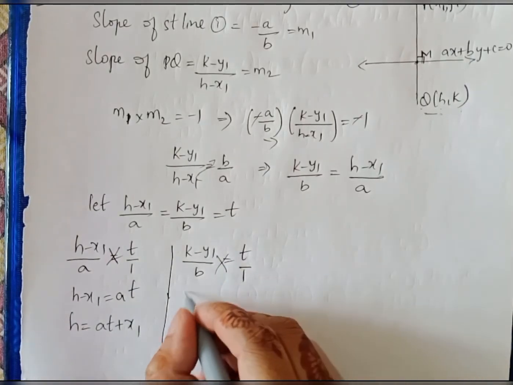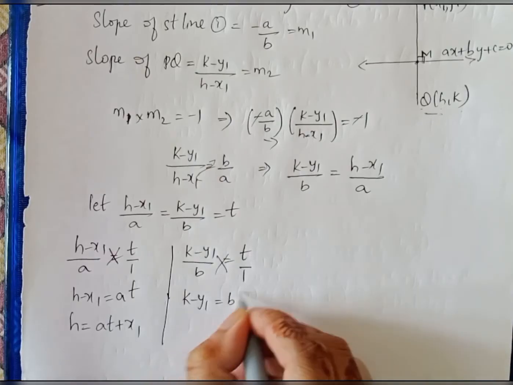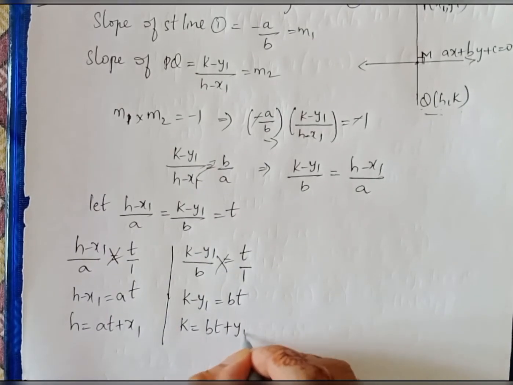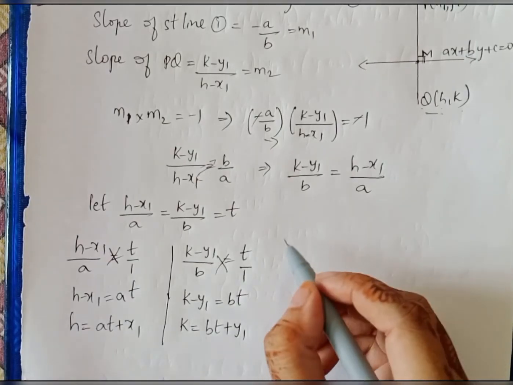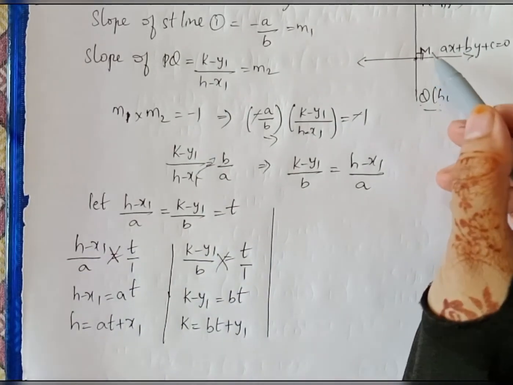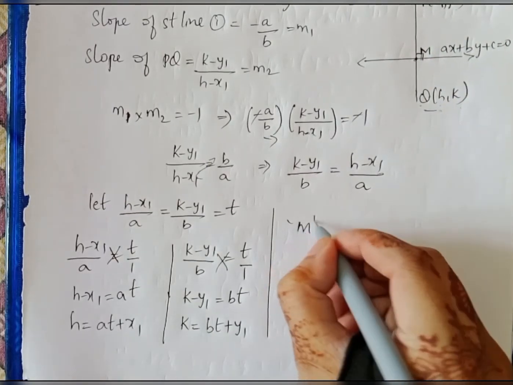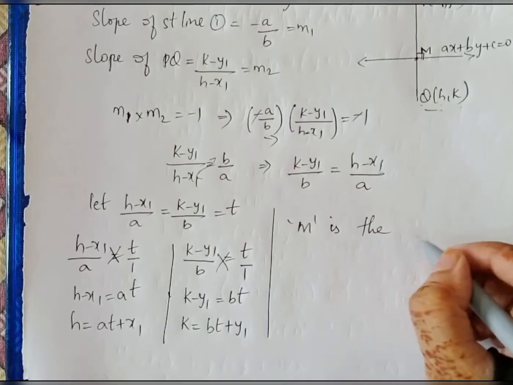Cross multiply here also, so k minus y1 is equal to bt, k is equal to bt plus y1. Now we know that there is a midpoint, right? M is the midpoint of P and Q, right?